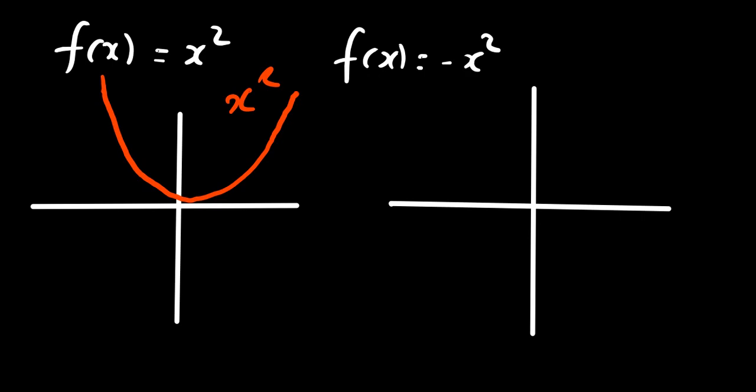So we said you equate what is in the bracket to be equal to 0. So x plus 2 is equal to 0. So x is equal to negative 2. So it has been shifted by negative 2 in the x direction.